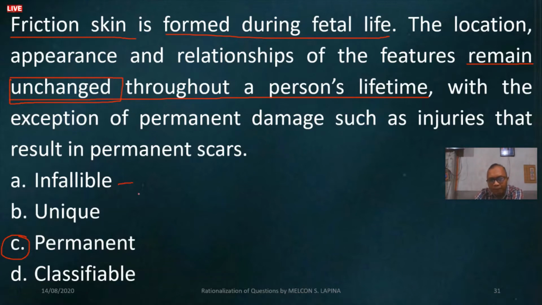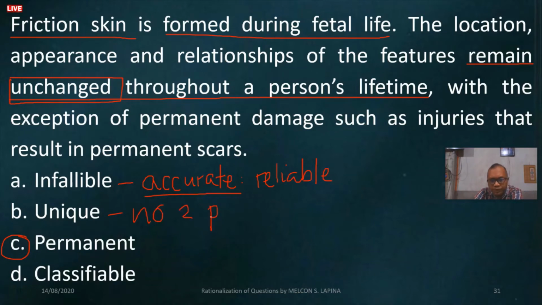So, pag sinabing infallible, that is said to be accurate. So, ang fingerprint identification is said to be accurate. So, that is why it is reliable. And then, unique, that is no two persons have exactly the same fingerprints.